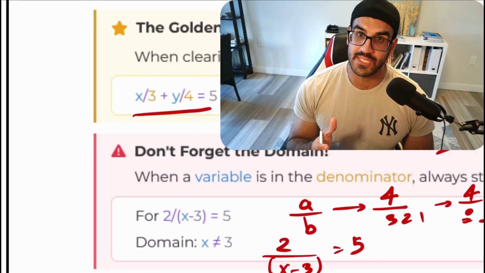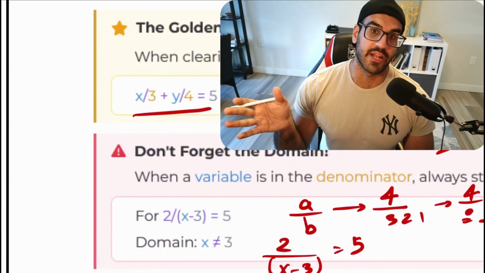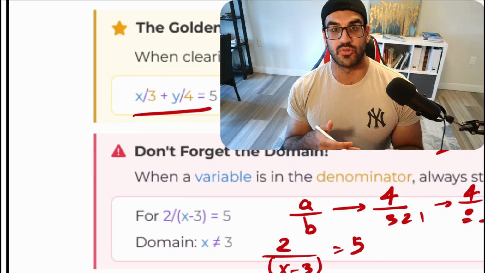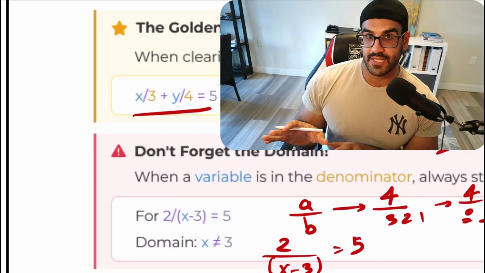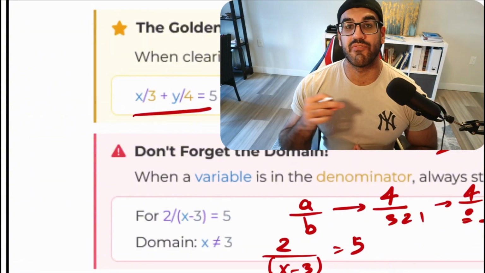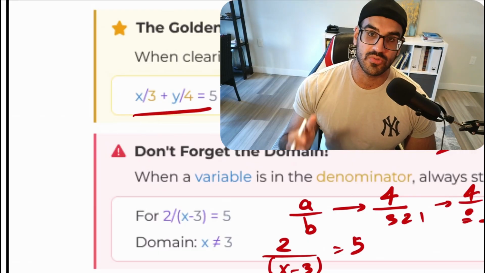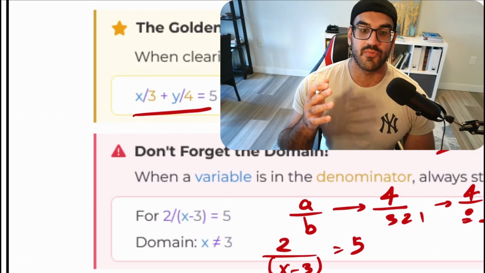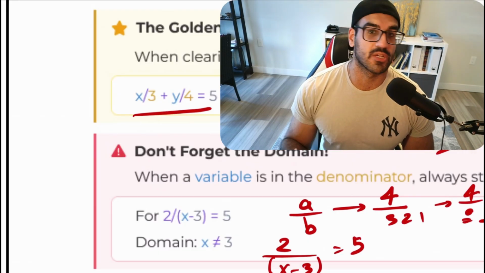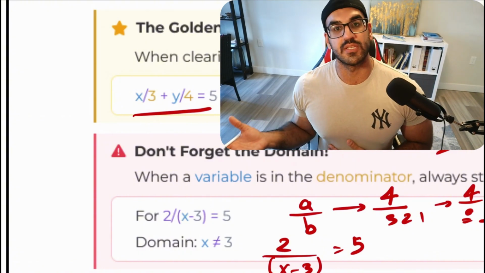So x could be any number based on my finding, obviously not any number. I have to follow some steps in order to find x, except for the 3 itself. Even if I find x as 3, I cannot use it because x equal to 3 would give me 2 divided by 0 is equal to 5. Obviously, we know that 2 divided by 0 is undefined, so it's not going to be equal to 5.